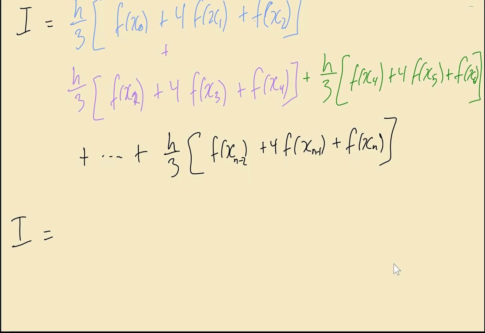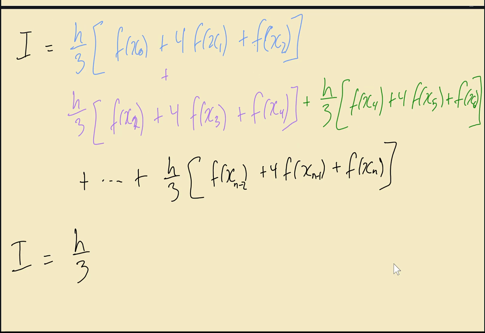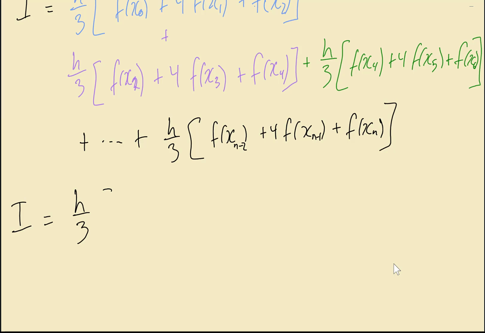I equals h over 3, because that's the coefficient for all of them, multiplied by the initial point, f of x naught, plus 4 times the summation of all of the odd numbers. So i equals 1, 3, 5, and so on, all the way to what? n minus 1, because that's what we see right here.